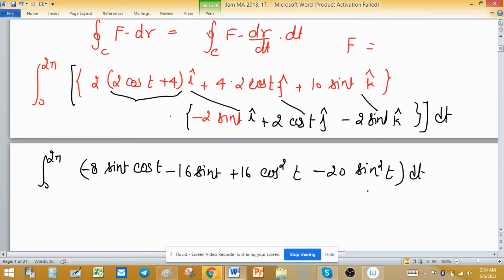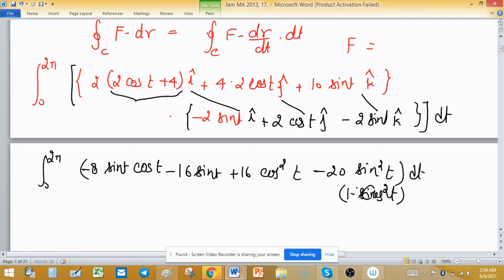As we do not directly know the integration of sin squared or cos squared, one of them we need to replace. Sin squared t can be written as 1 minus cos squared t.